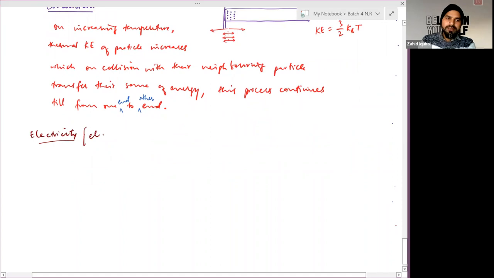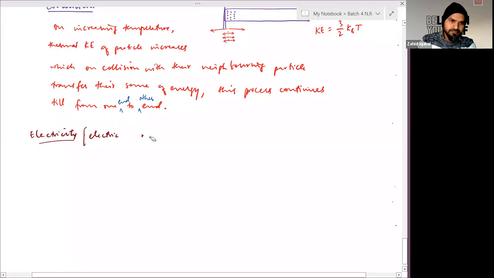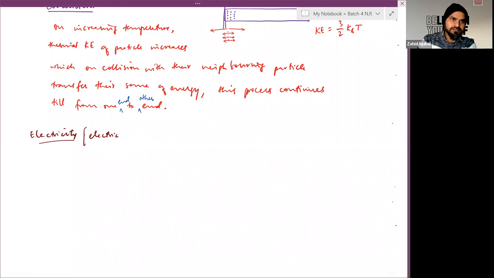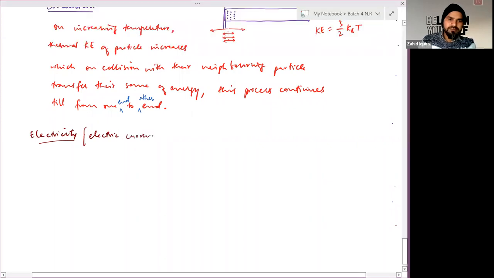Electricity is basically the flow of electric charges through any conductor. Next is heat current.